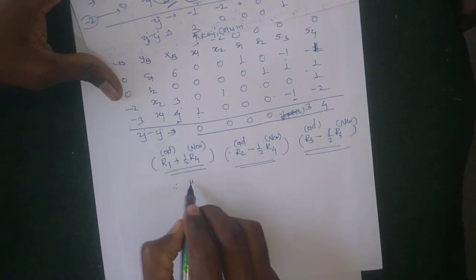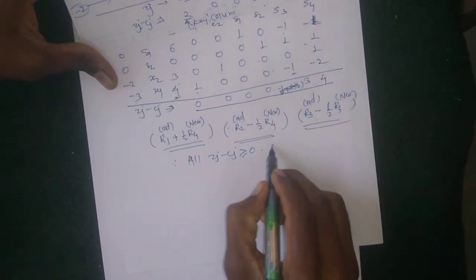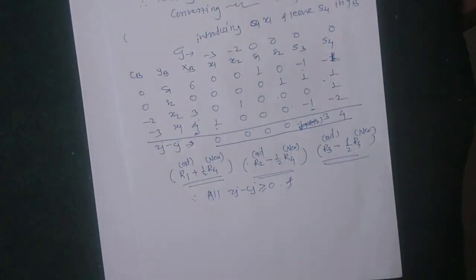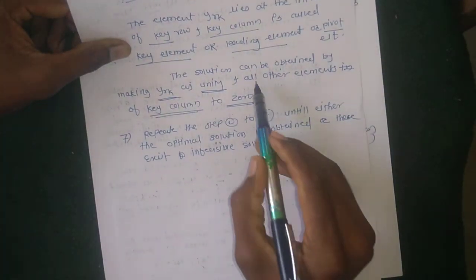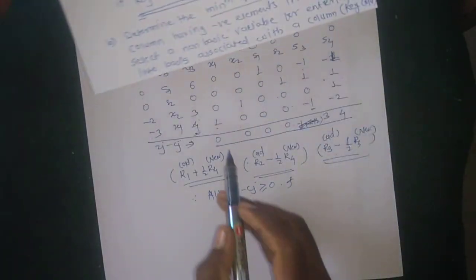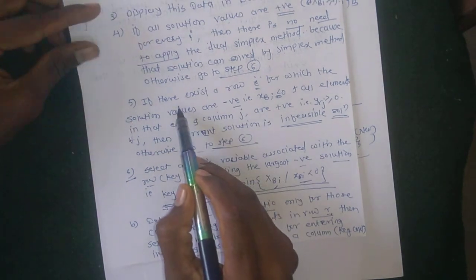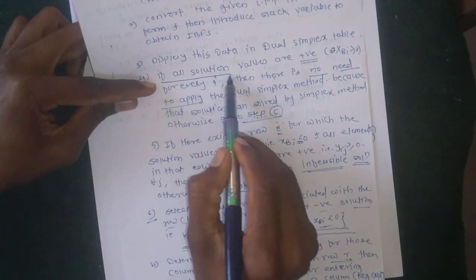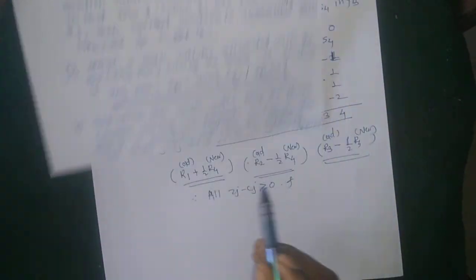So all Zj minus Cj are greater than or equal to 0, and here also we see that all solution values are positive.